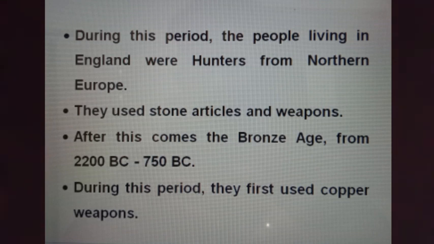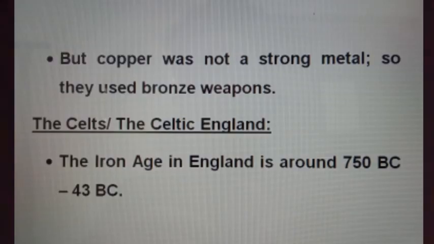But copper was not a strong metal, so this made them go to the next metal, bronze, with which they made their weapons and hunted animals and found food.